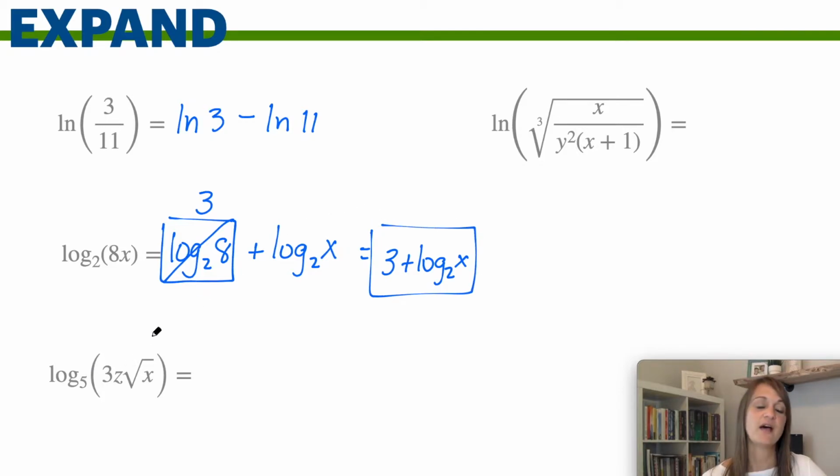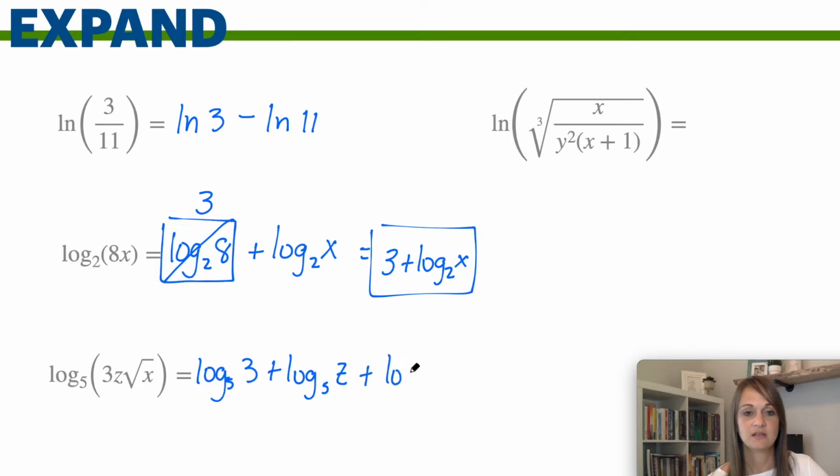And then log base 5, so we actually have multiple things that are being multiplied together. So we can separate them out as log base 5 of 3 plus log base 5 of z plus log base 5 of the square root of x. Now here's where we cannot stop though. The square root of x is technically x raised to the 1/2.